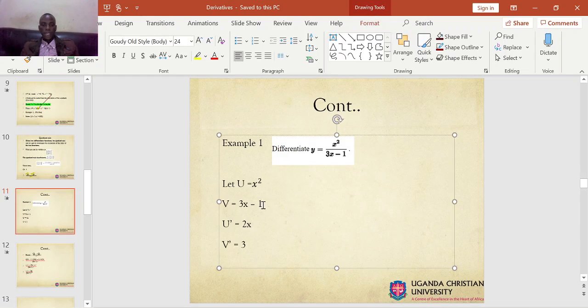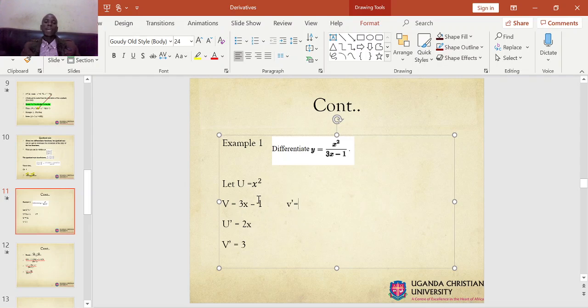You may be wondering, so this is how we got the derivative. Let me use a different color. It's 3x minus 1.